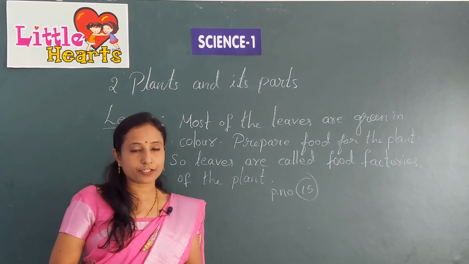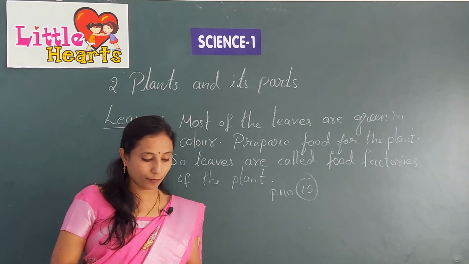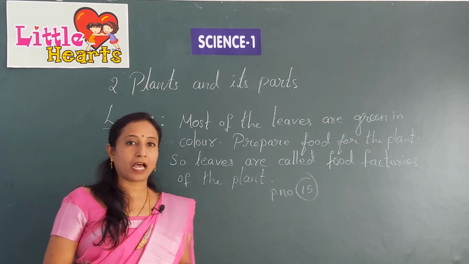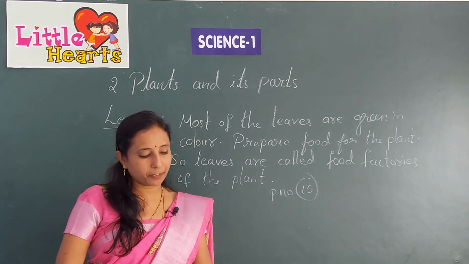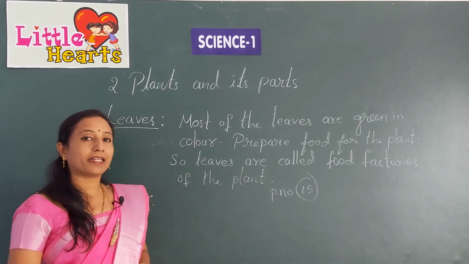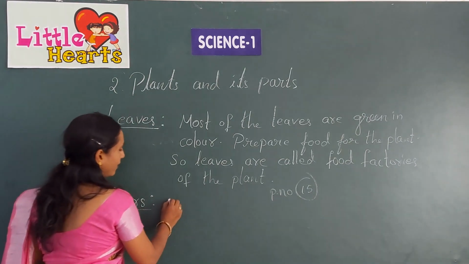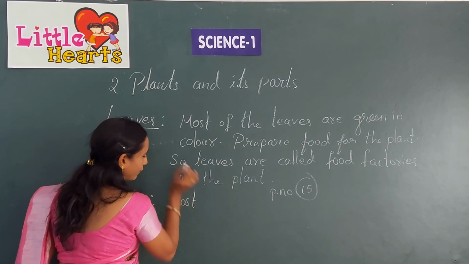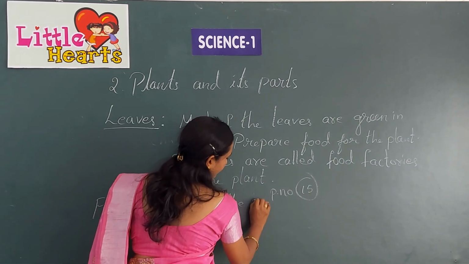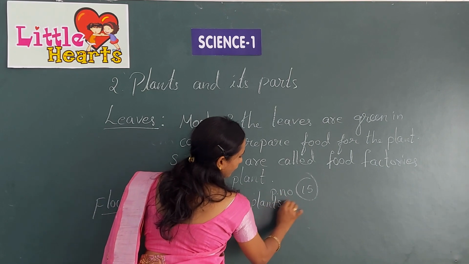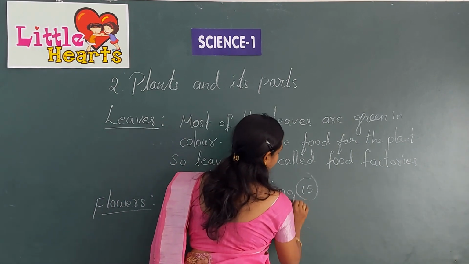Flowering plants constitute over 80% of all the plants on the earth. How much? 80%. Yes. Most of the plants bear flowers, you can write bear flowers.